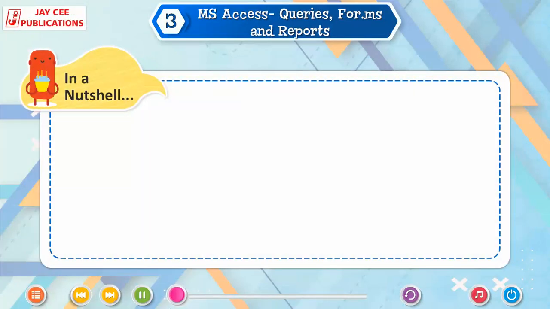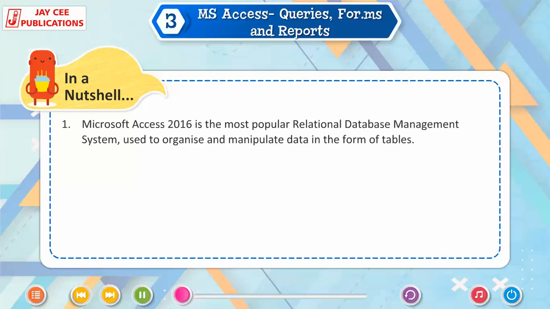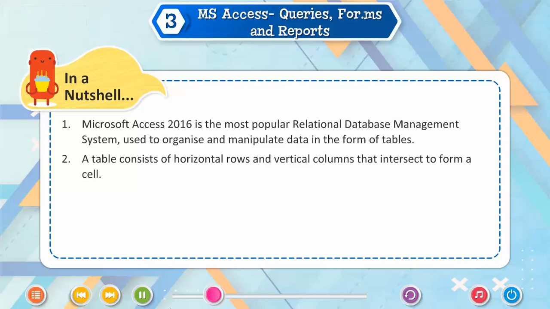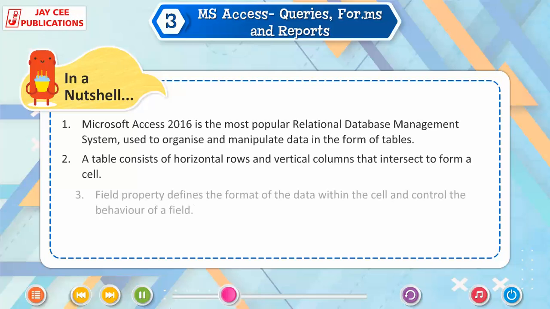In a nutshell, 1. Microsoft Access 2016 is the most popular relational database management system used to organize and manipulate data in the form of tables. 2. A table consists of horizontal rows and vertical columns that intersect to form a cell. 3.